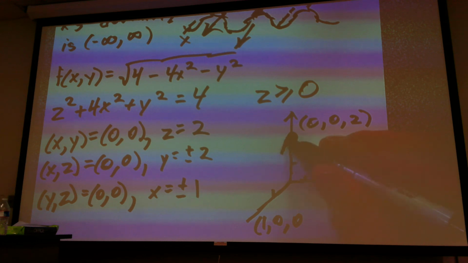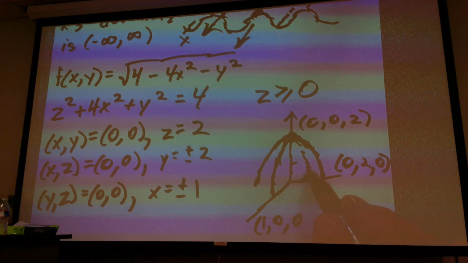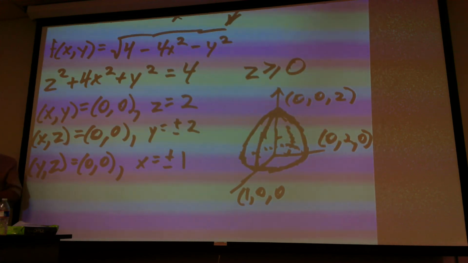And so, this would be an ellipsoid. Here's 2. It's going to extend backwards, also to negative 2, and this is a dotted line. It's going to extend back this way. And so what would we end up with? We'd end up with the upper half of an ellipsoid because the square root has to remain positive.